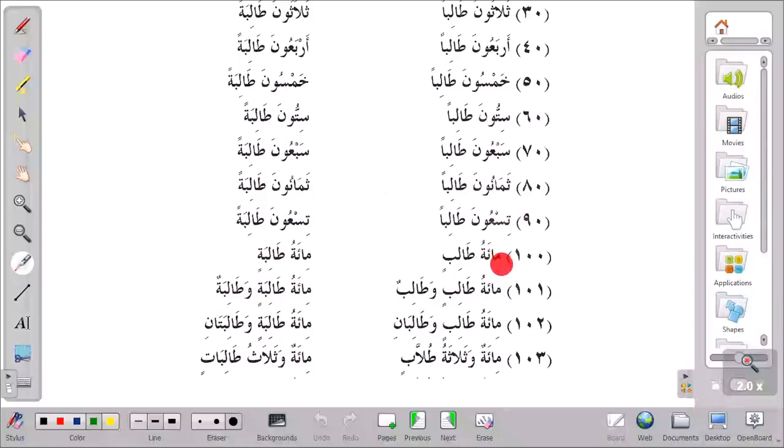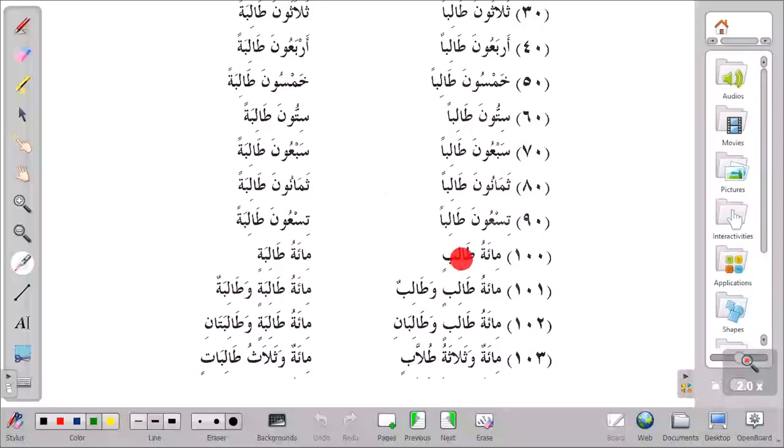But the thing now is when something is attached to it. If you have another number like 101, 102, how do you say it? Like I said previously, there is a simple way I prefer, and that is to say mi'atu. Assuming we have 101, you say mi'atu talibin wa wahidatun. Very simple.